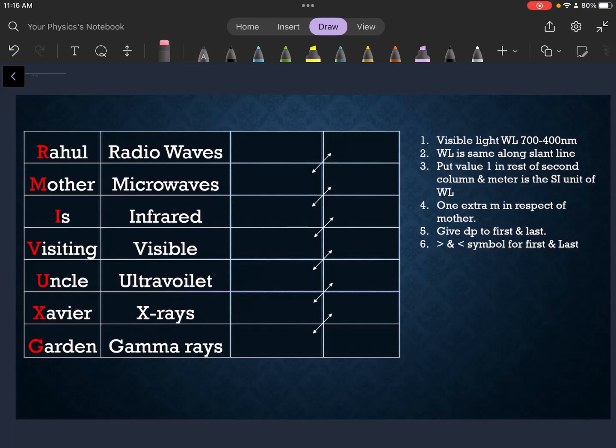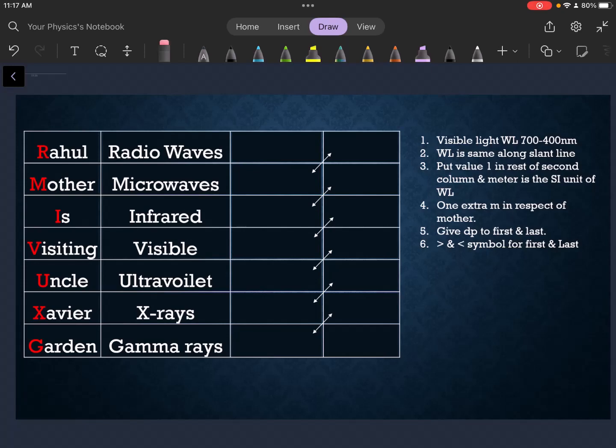So what you need to do is remember this line: Rahul mother is visiting uncle Xavier garden. The first alphabet of all the words in this line represents all the electromagnetic waves.